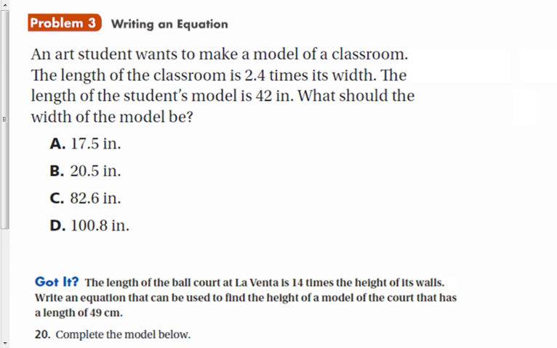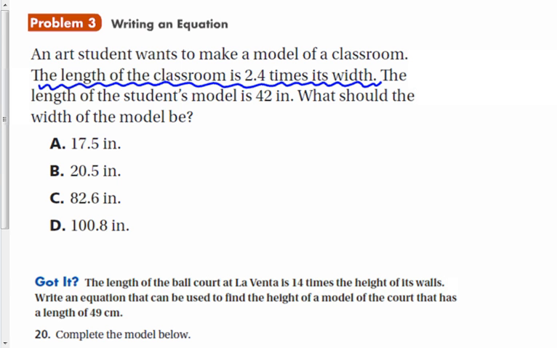All right, we're going to learn how to write equations here also. Now, the important thing is not getting the answer here. The important thing is learning how to write an equation. So we want to take the information, the words of the problem, and turn them into a more symbolic form. An art student wants to make a model of a classroom, and the length of the classroom is 2.4 times its width.